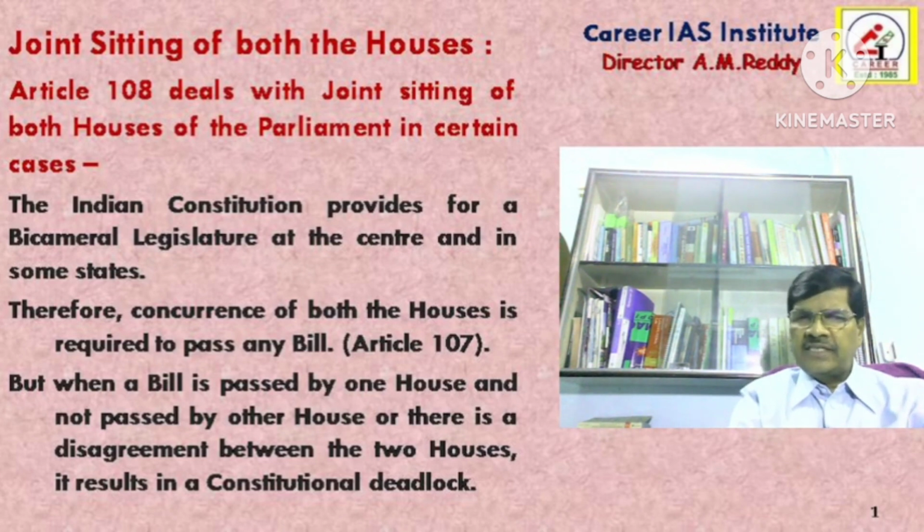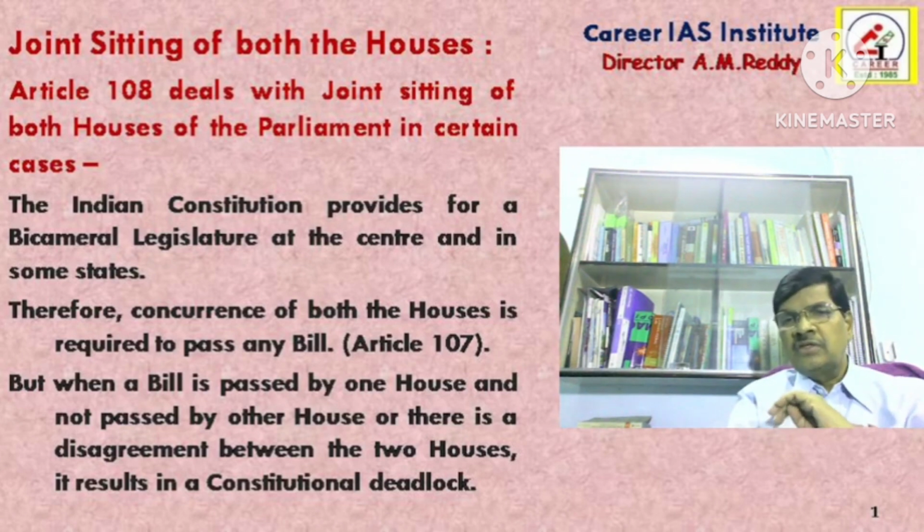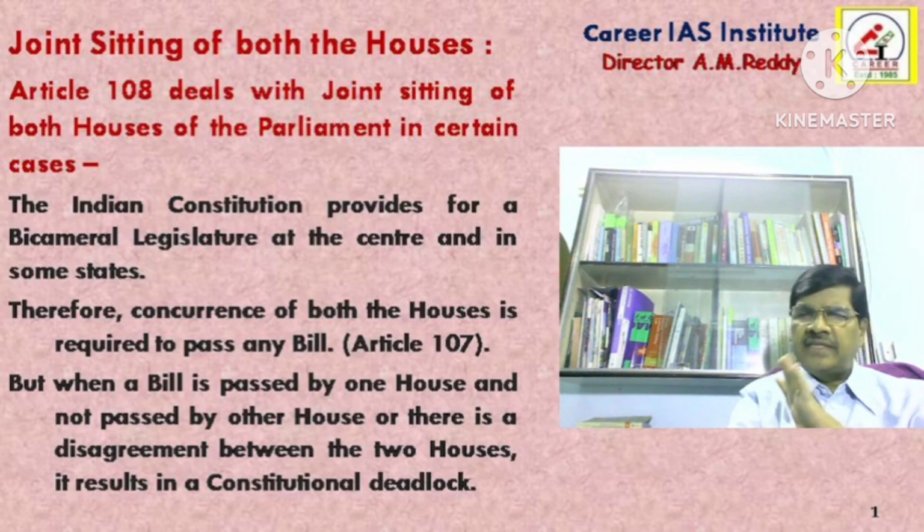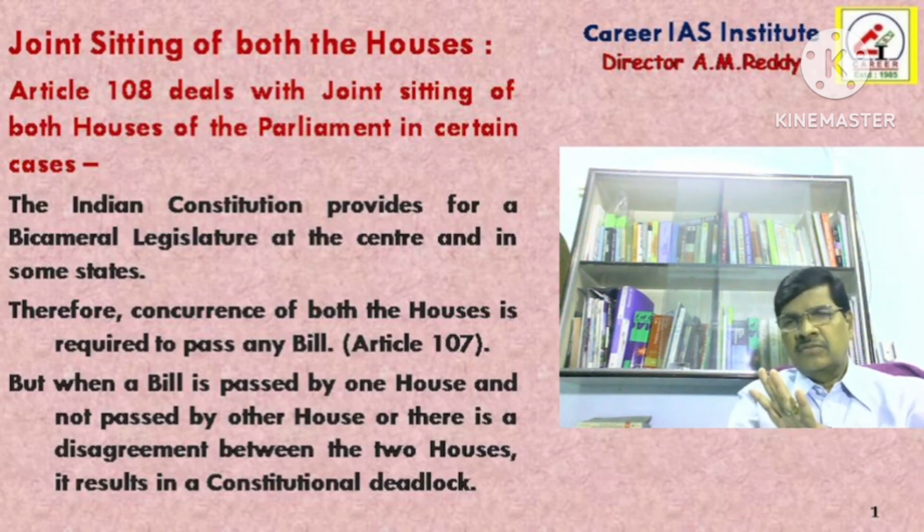But when a bill is passed by one house and not passed by the other house, not passed means it must have been rejected by the other house, or it must have taken no action within the stipulated period.